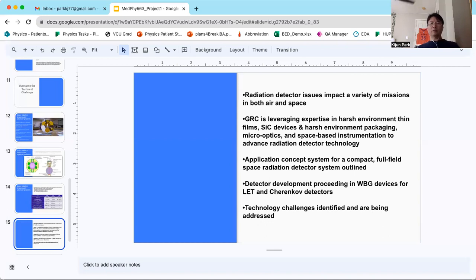So for detector development, there are WBG devices for LET devices or the Cherenkov detector device. The technology challenges must be identified and addressed one by one. You can't get the answers from one device; you have to iterate, and then you can pin down your problem and identify a technology challenge.